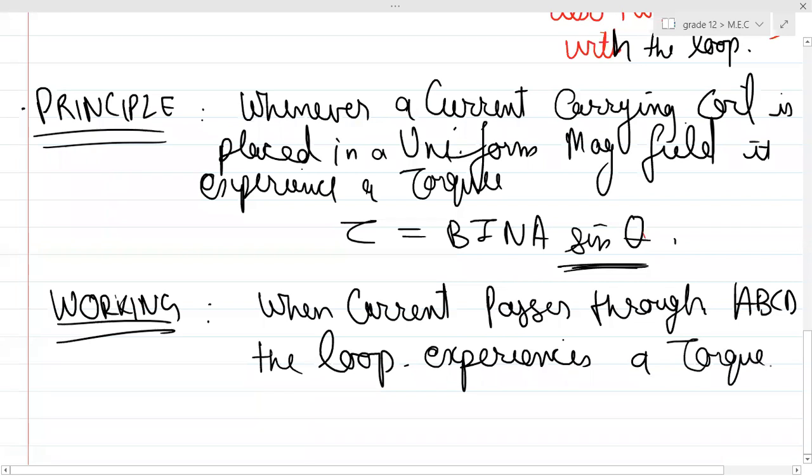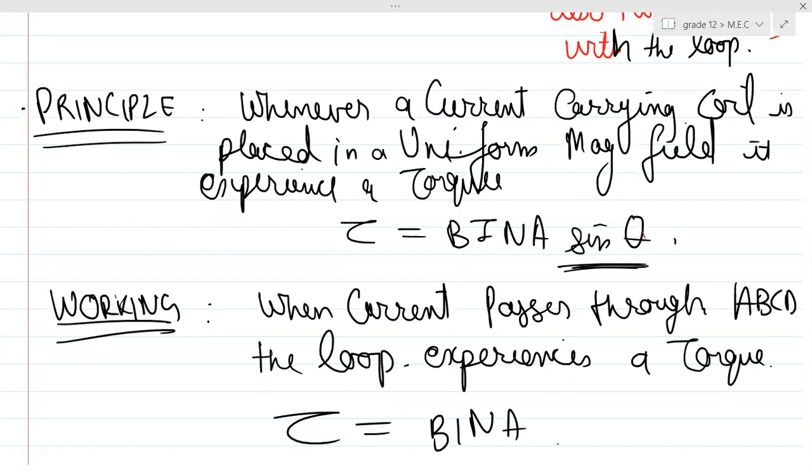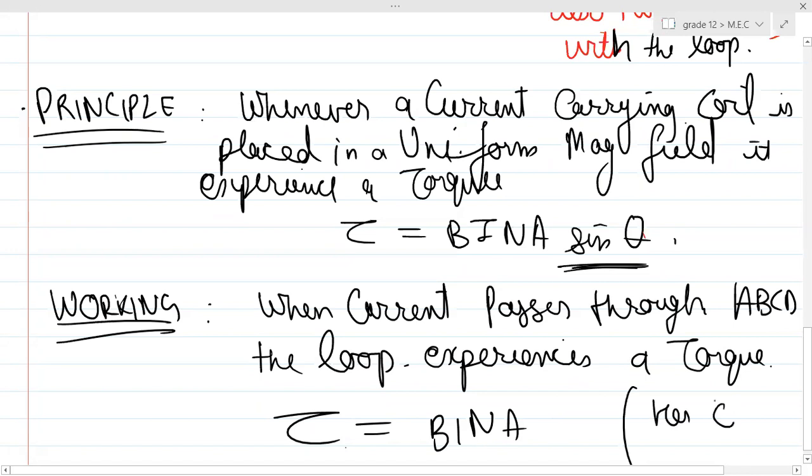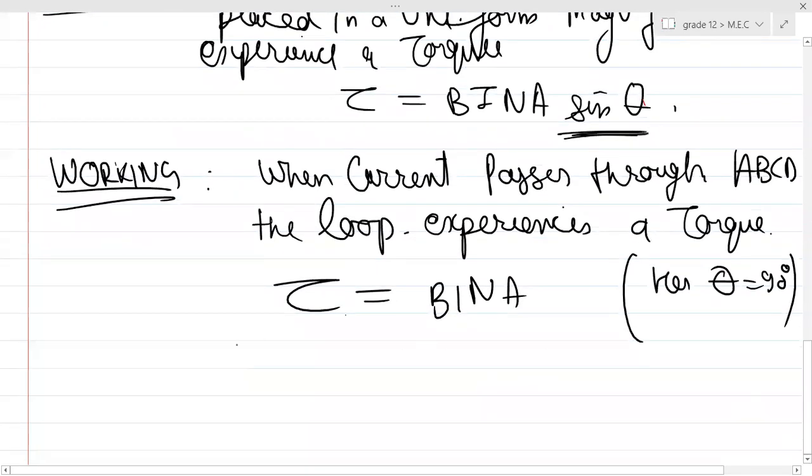And what is that torque? The torque will be B into I into N into A. Yes or no? Theta will be 90 degrees as a radial magnetic field is produced, right? So this will be the torque due to the magnetic field, or basically because of the current.